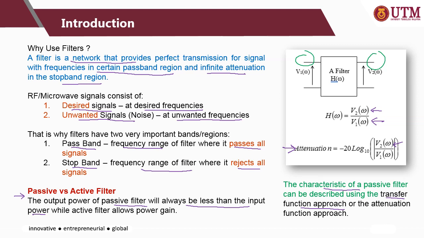While in an active filter, the output could be higher, or at least more or less equal to the input power, because the active filter allows power gain, in which an amplifier may be added into the system so that the power may be enhanced at the output point to ensure that the signal can be recovered.